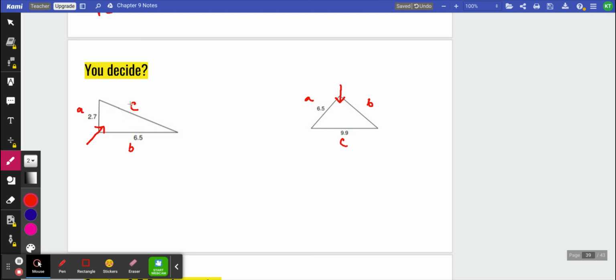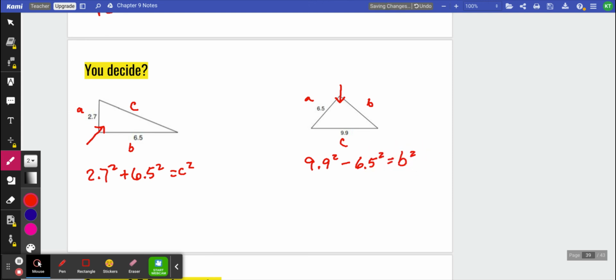So if I'm looking for the hypotenuse, this is the longer side. So I'm going to take 2.7 squared plus, right, because I want it to be bigger, 6.5 squared, right? We'll solve that in just a second. Here, I'm looking for the leg, which is smaller. So I'm going to take the hypotenuse, the longest side, and subtract the leg squared, right?